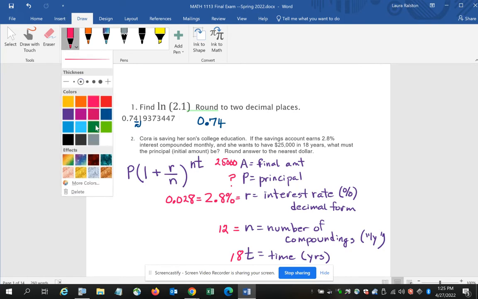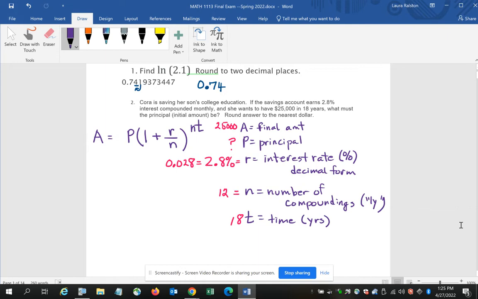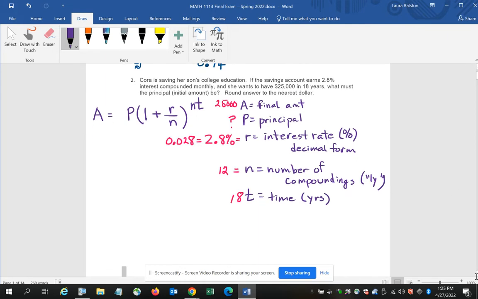Once I've identified all of the pieces of information, I'm going to substitute that into my formula. So I would have 25,000 equals the principal I don't know, times (1 plus 0.028 divided by 12) raised to the 12 times 18 power.